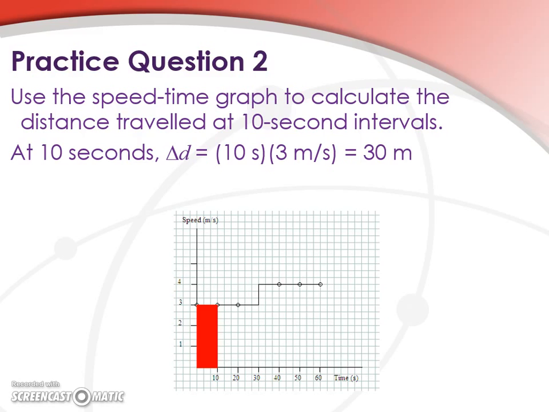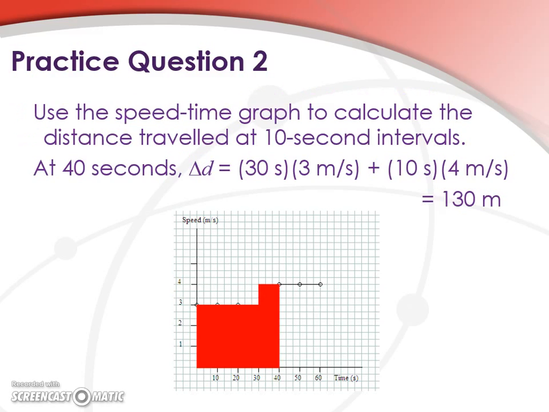Okay, so mine, you can see it here. I've calculated a series of rectangles. They get wider as I go. And then the discontinuity here. So at this point, at 30 seconds, we've got 30 seconds times 3 meters per second equals 90 meters that she traveled at this point. Then she accelerates up, and we can add the additional increments here.